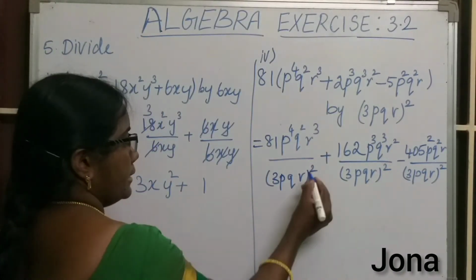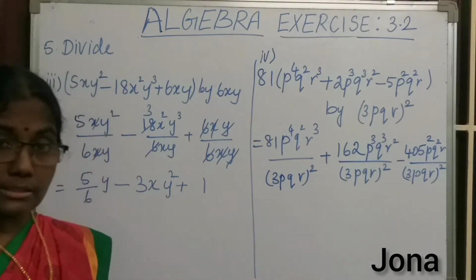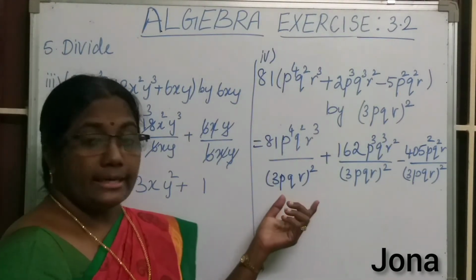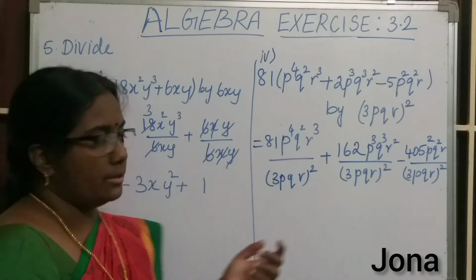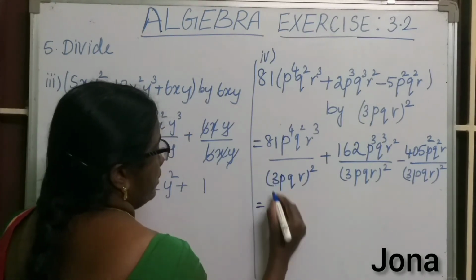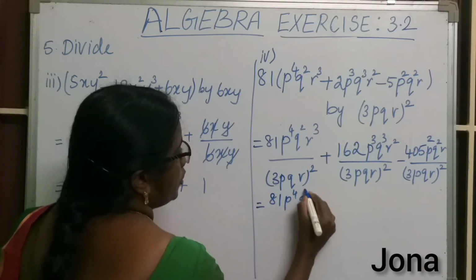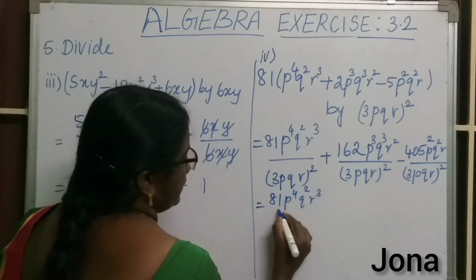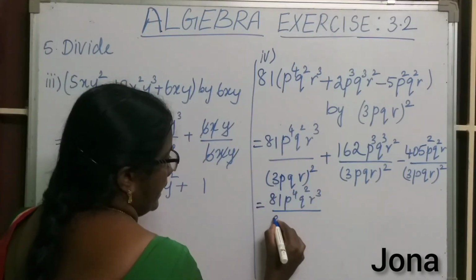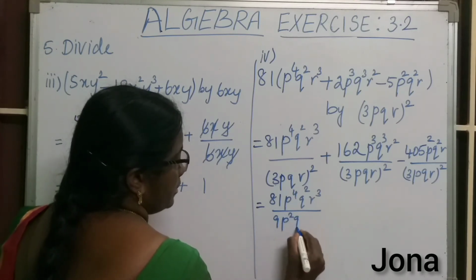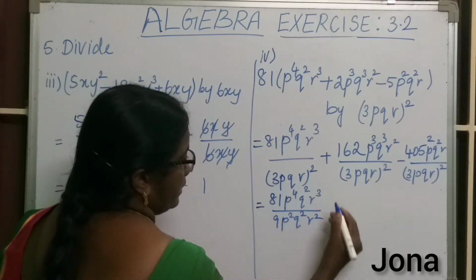Okay. And then here whole square we have to expand this also. Then only, here we have to expand the denominator. So write the numerator as it is, 81 p power 4 q square r power 3 divided by 9 p square q square r square.